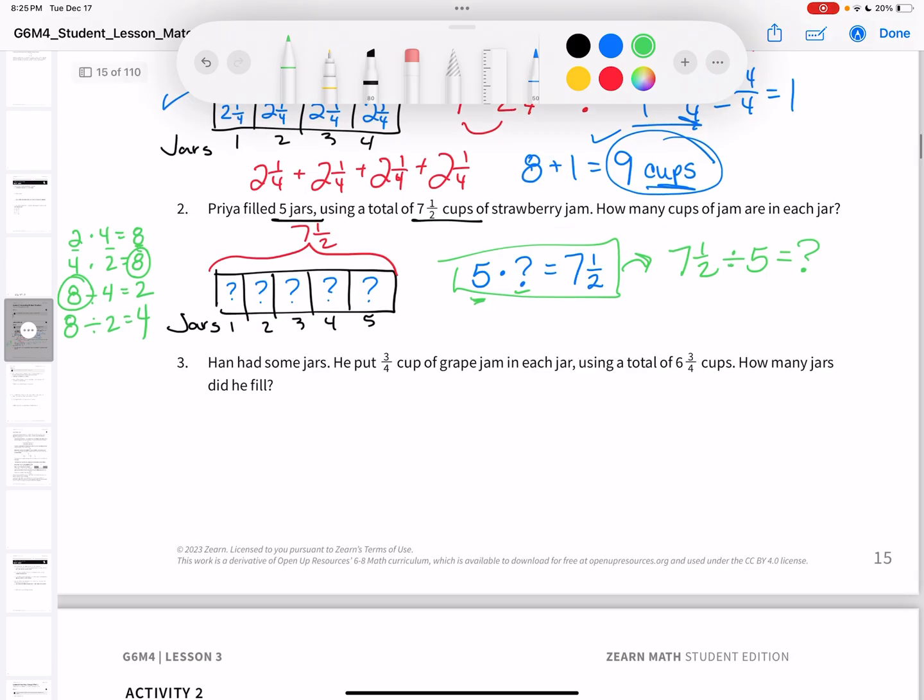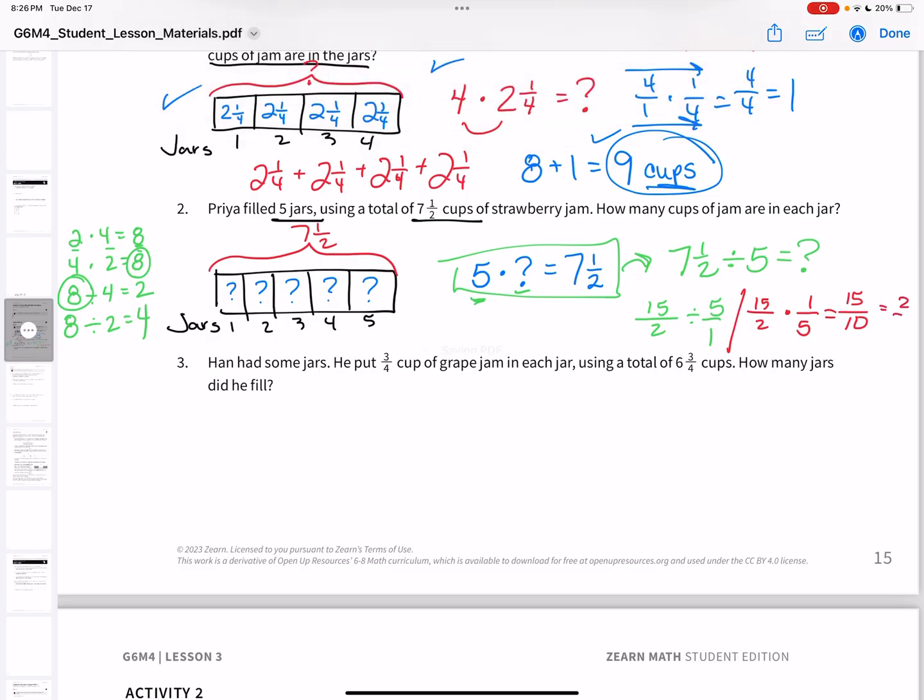So 7 times 2 is 14 plus 1 is 15 over 2 divided by 5 over 1. To divide fractions, we keep, we change, and we flip. So that looks like we keep, we change to multiplication, and then we flip the fraction. So that gets me 15 over 10. Okay? And 15 over 10, that can be reduced to 3, oops, not 2.